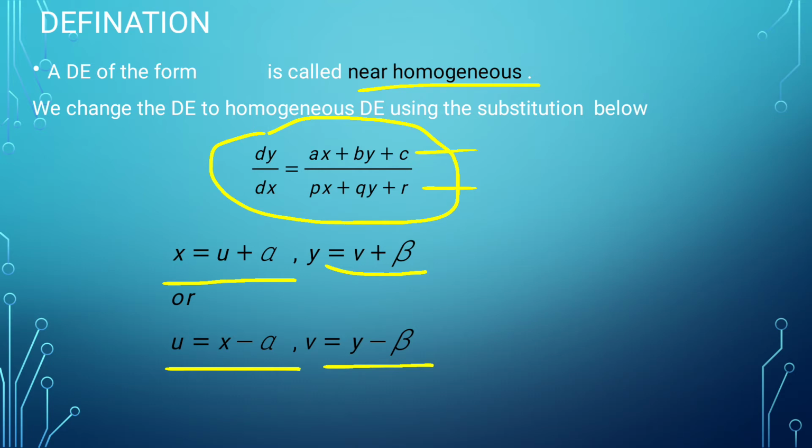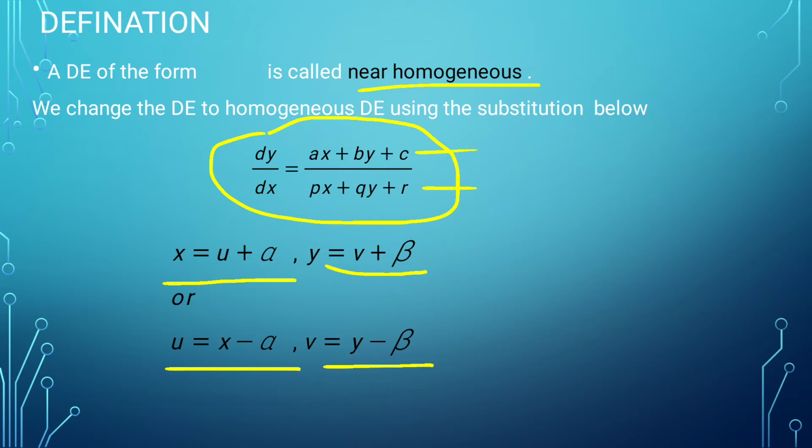So what are these alpha and beta? These are the solutions to these two equations. If you solve them simultaneously, the answer you get is the values of x and y for these two.